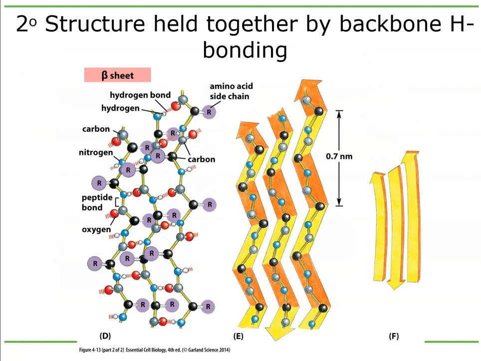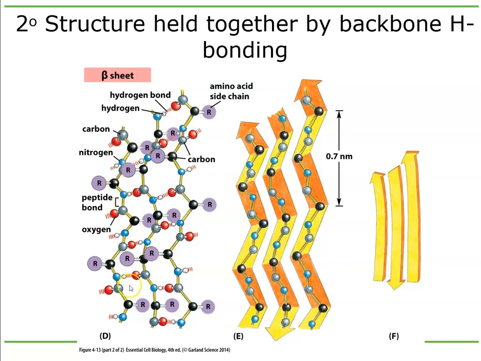The second type of secondary structure, again using those backbone structures, the hydrogen off the nitrogen and then the carbonyl oxygen. You can see here a couple of examples of that. This is the beta sheet, and so these are typically going to be more flat. There's no curve or turn in the structure.